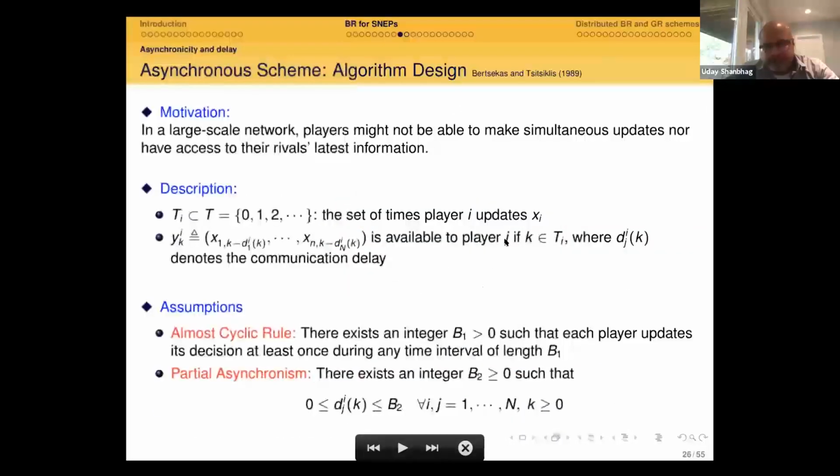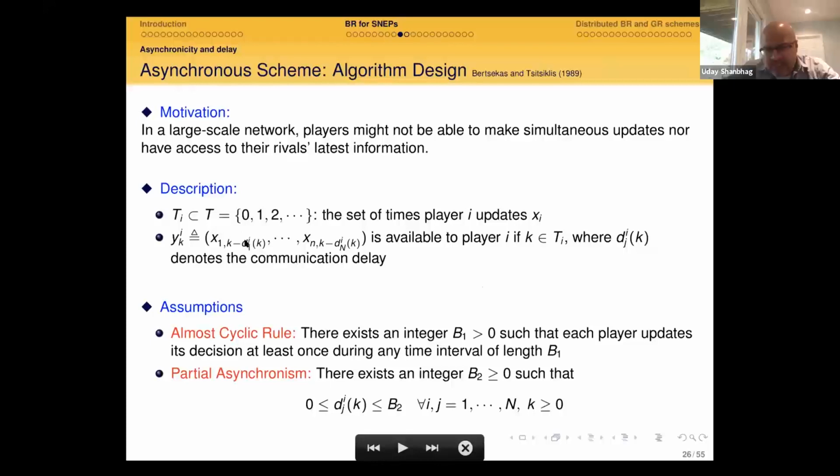Okay. Let's move on. Let's look at the asynchronous scheme that is also afflicted by delays. We're looking at settings where players might not be able to make simultaneous updates, nor have access to their rivals' latest information. So I'm going to assume that at any point a player i has access to delayed information.